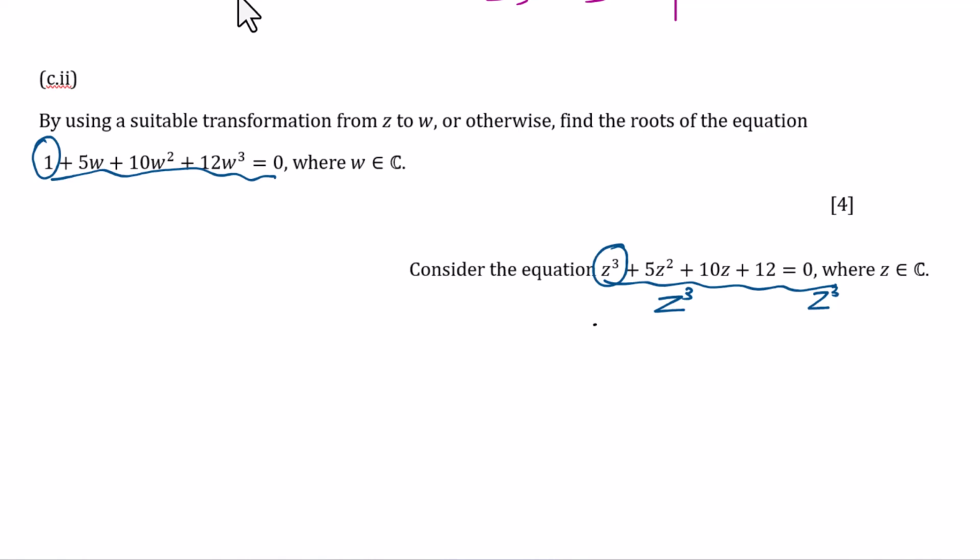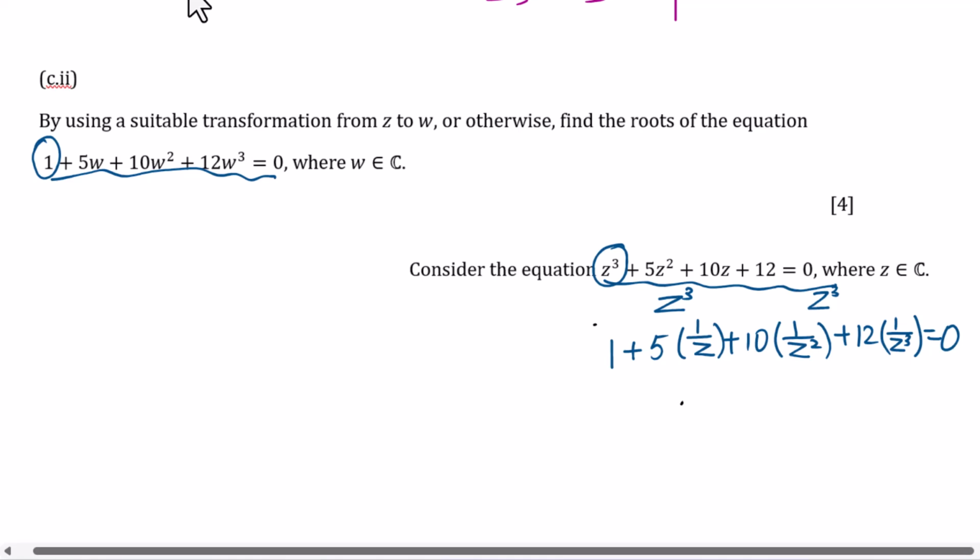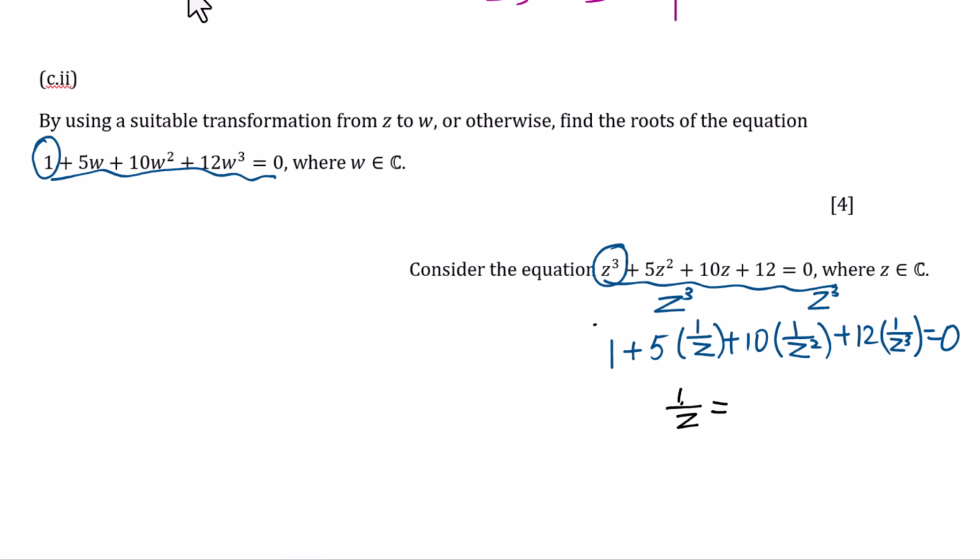We get 1 plus 5 times 1 over z plus 10 times 1 over z squared plus 12 times 1 over z to the third power equals 0. 1 over z equals w.